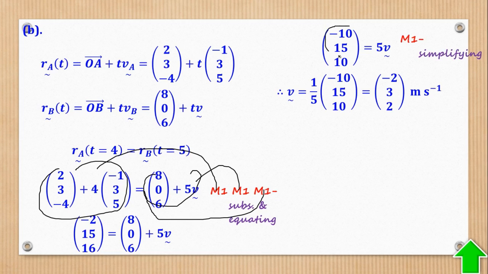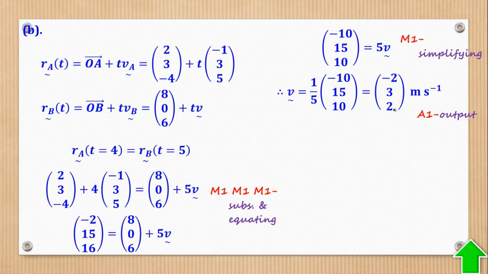Then here for simplifying, and the last one was for that. So that gives you the 5 marks. So that's how we could get the 48 marks in this section B.